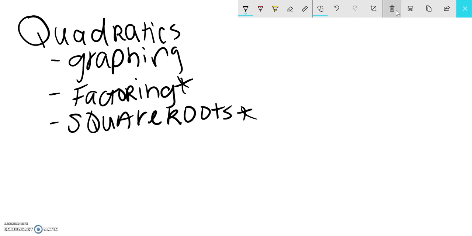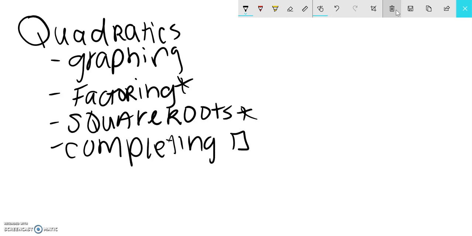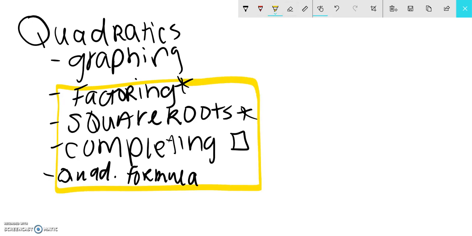We have talked about completing the square. And we have talked about, this last one was the quadratic formula. Okay, so what we're going to do today is review these four right here. Okay, so the first part of your test is going to be on those four.